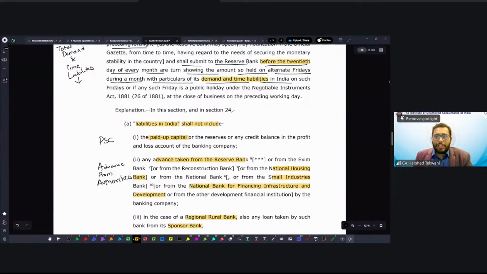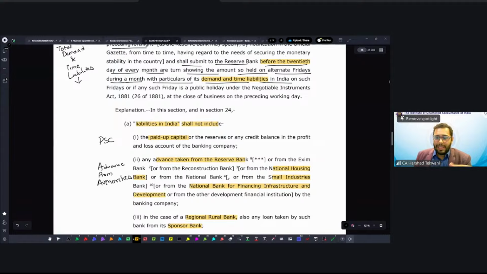Now, when I talk about demand and time liabilities, the term is based on when the liability is required to be paid, whether it is based on demand, when someone asks for that liability to be paid, or it is time-based payment. So these are the demand and time liabilities basically.